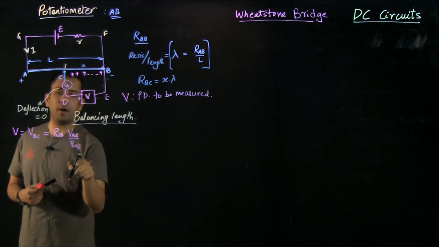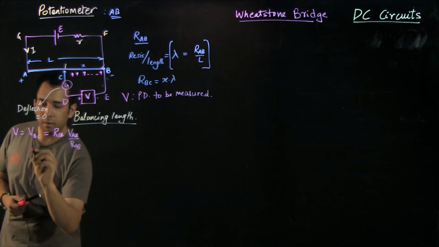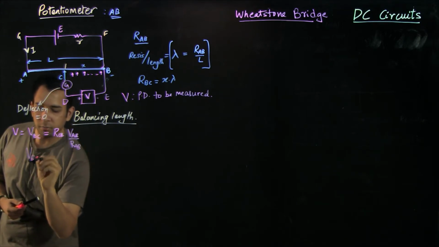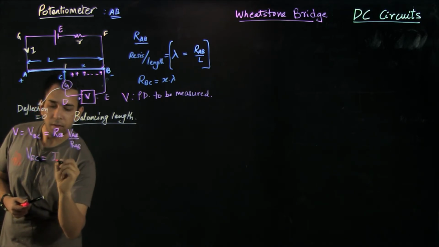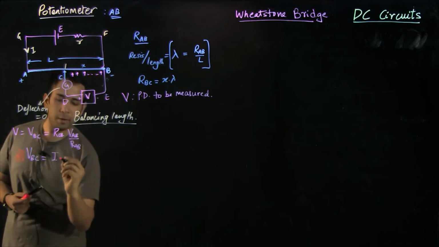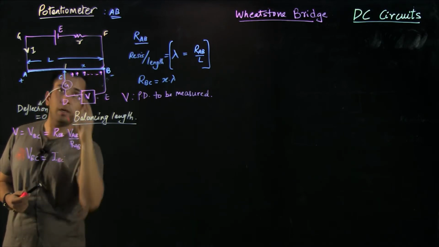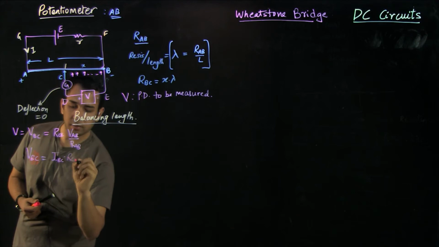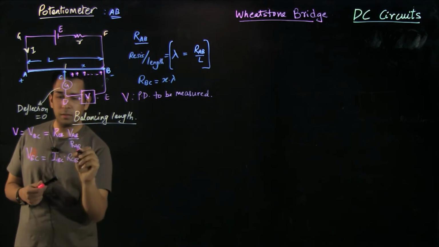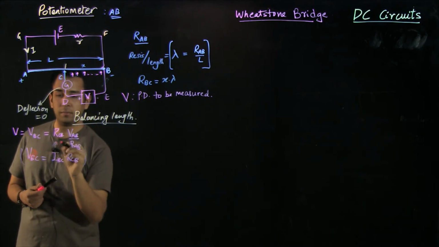And how do we arrive at this? Because the potential difference across BC will be the current flowing through the branch BC into the resistance RCB. So that's how we find this.